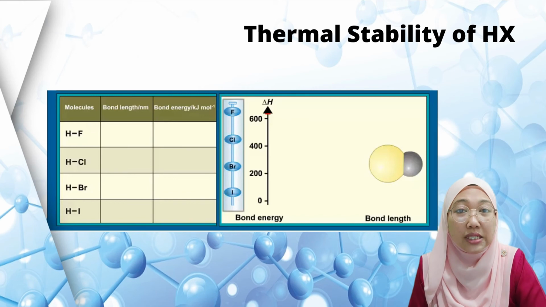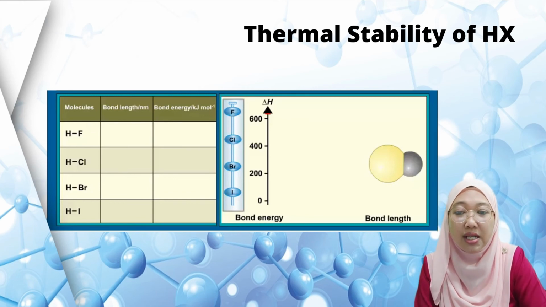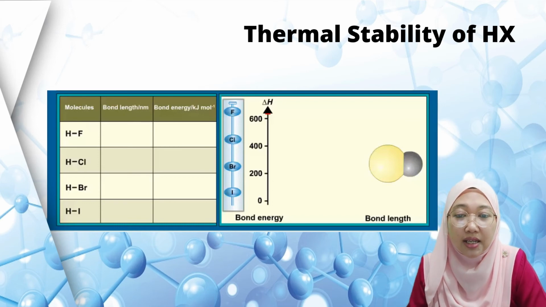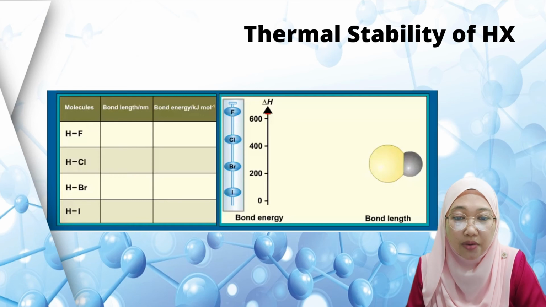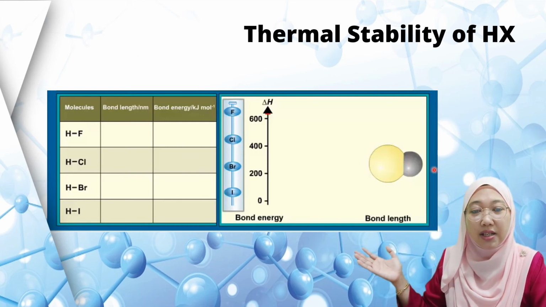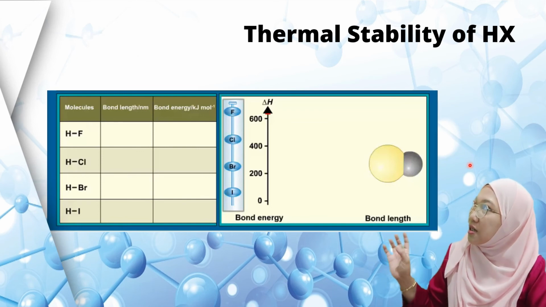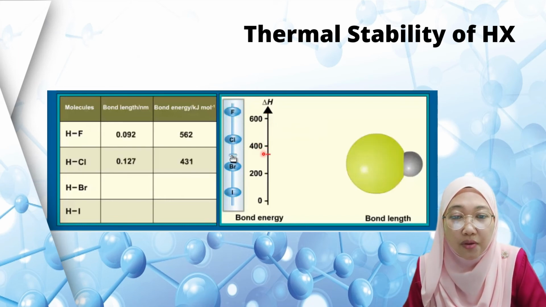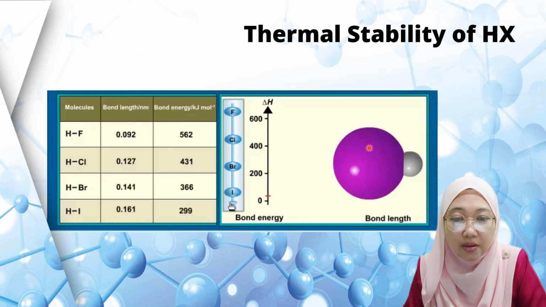Next is the thermal stability of hydrogen halide. We want to look at the stability of hydrogen halide. We have fluorine, chlorine, bromine, iodine, with bond energy and bond length. For bond length, this is the halogen and the grey color here is hydrogen. We will move from fluorine to chlorine.